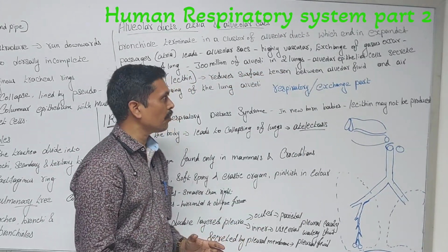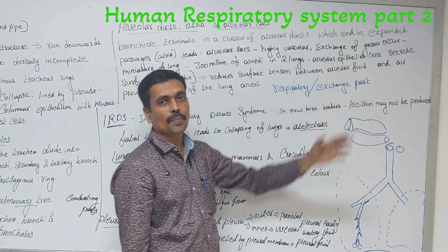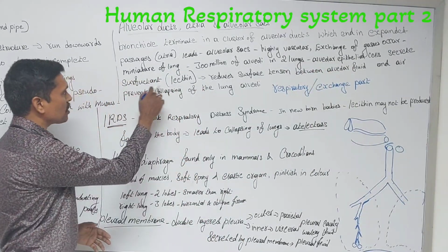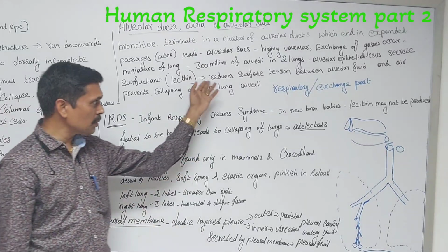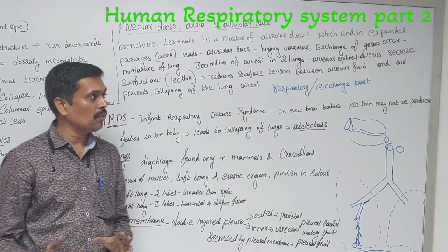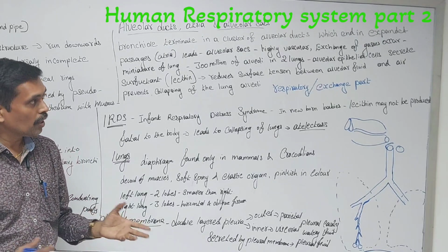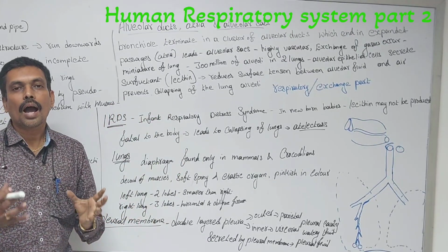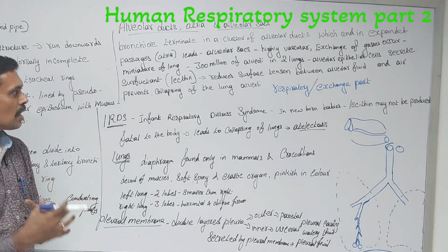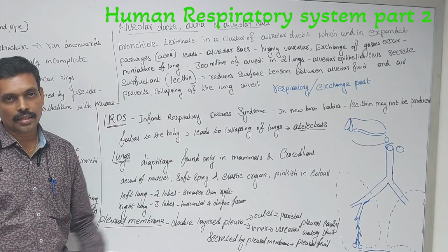The alveoli consist of alveolar epithelium. This epithelium secretes a surfactant known as lecithin. The lecithin is used to reduce the surface tension between the alveolar fluid and the air. It prevents the collapse of the alveoli.